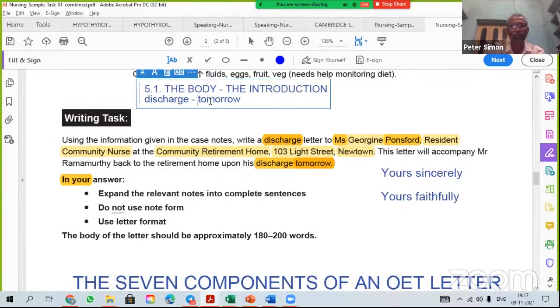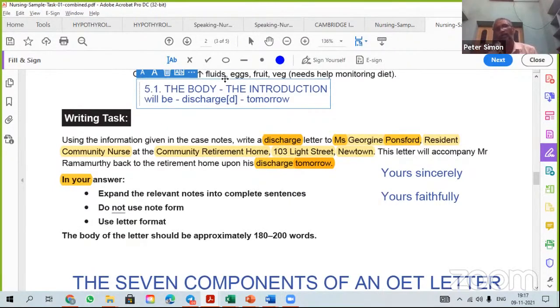So "will be" will come forward. Will be is future. So future passive: will be discharged. This is passive. Will be discharged tomorrow. So that is it.